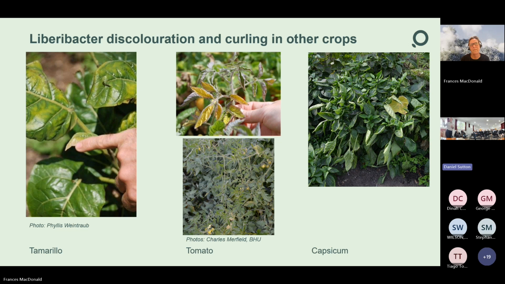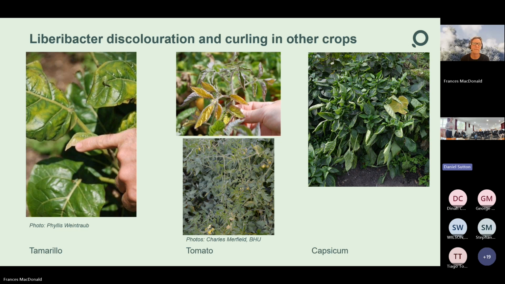But for tomato and capsicum, absolutely, you get the cupping of the leaves. And for capsicum, my experience is that it basically stays like that. There is not much more going on, whereas tomato can basically die because of Liberibacter.